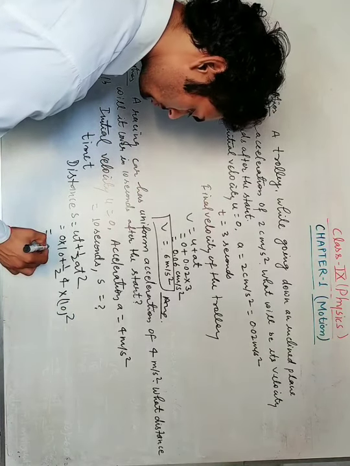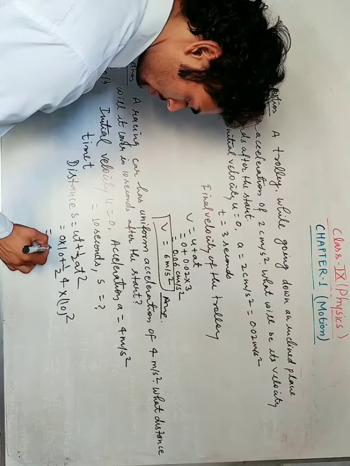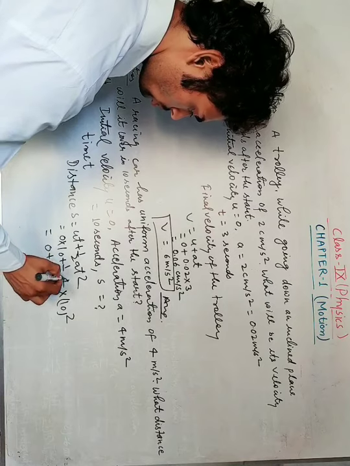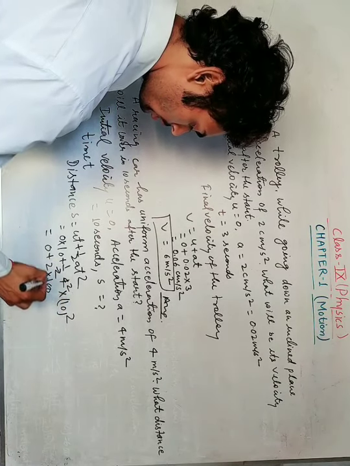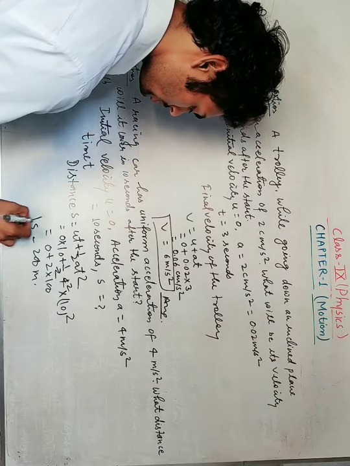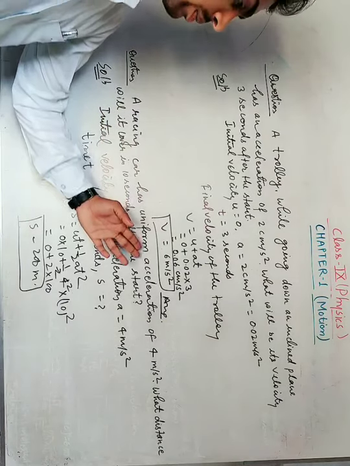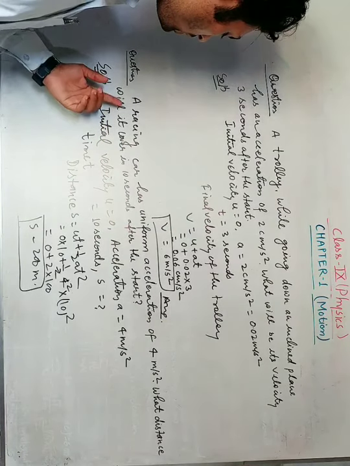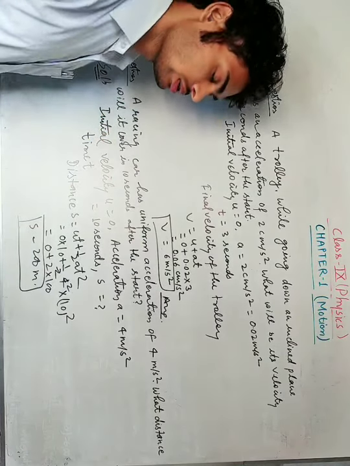Then it becomes 0 plus 2 into 10 into 10, 100, it becomes 200 meter. Then the distance the racing car covers in 10 seconds after the start equals 200 meter.